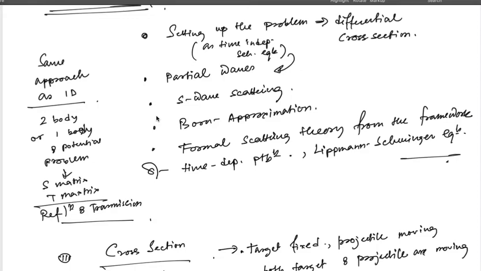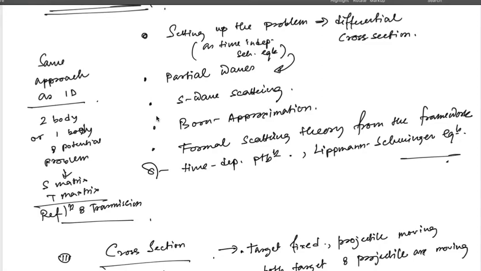But if we want to go a little deeper into the subject, which I think is useful, we can set up this scattering theory from the framework of time dependent perturbation theory and use the Lippmann-Schwinger formalism, which is very generic.